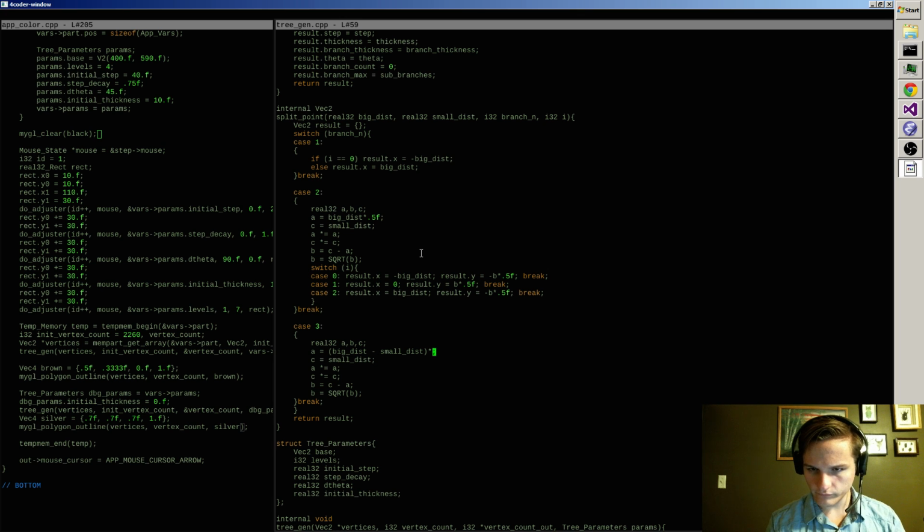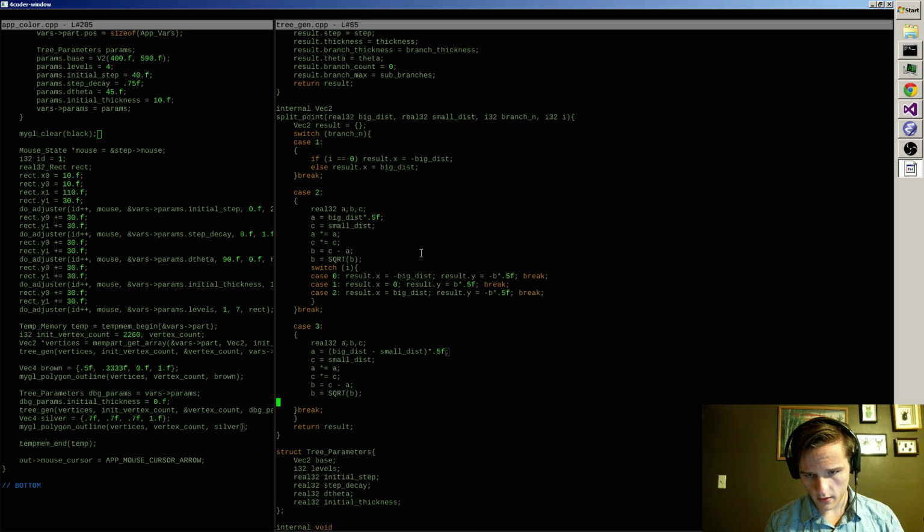Okay. And then 0.5F there. So small distance to C. That stuff there is A. Square it, blah blah blah. You get B. Okay, and then I need a switch of this type.